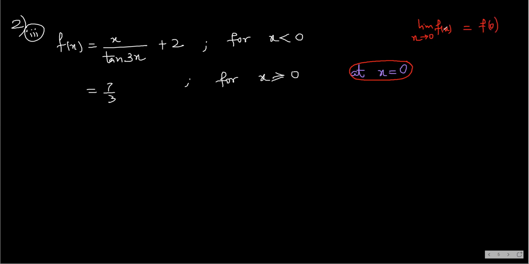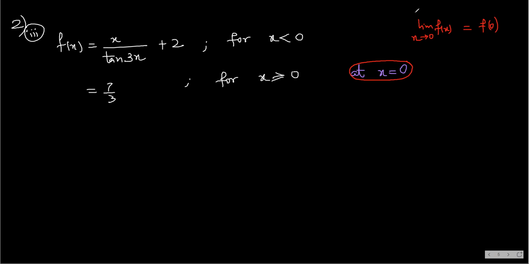That is, the number which f of x is approaching when x approaches 0 should be equal to the number which f of x is taking when x is 0.